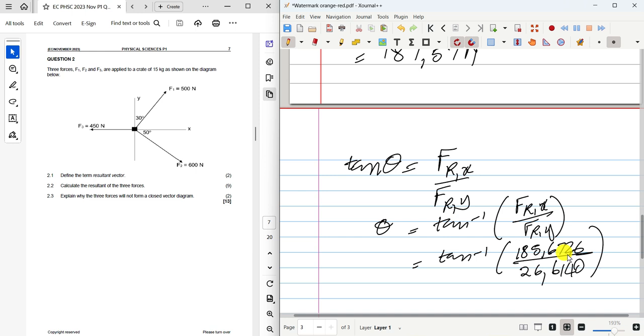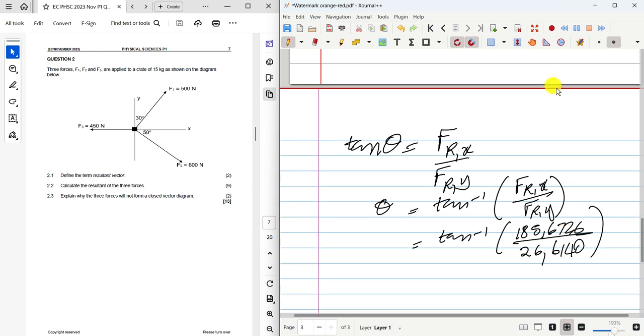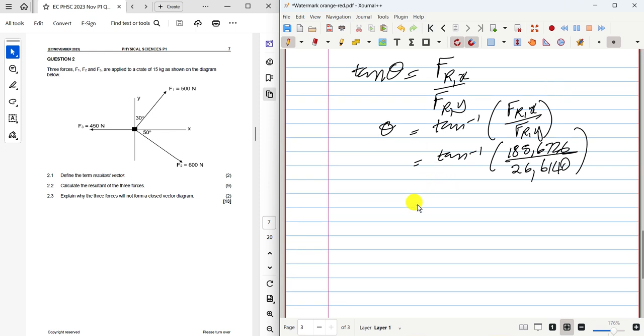What do we have? When you ignore the sign, you have 81.84 degrees.